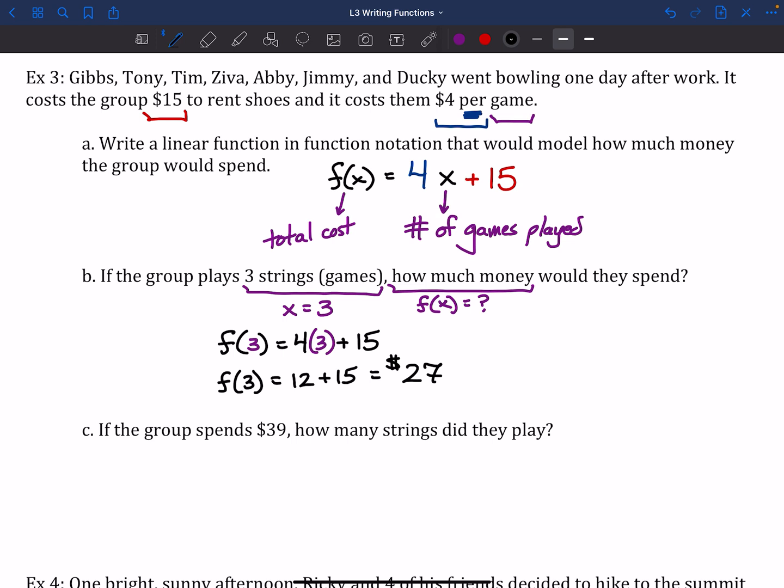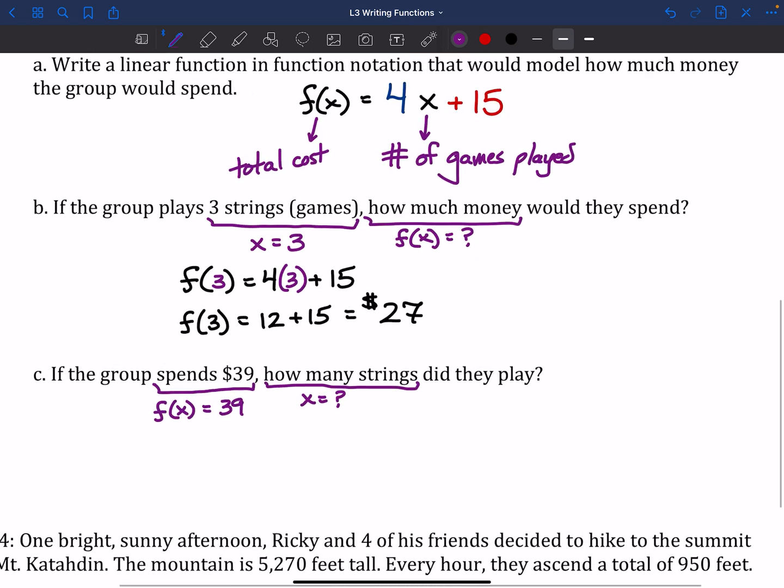Last but not least, if the group spends $39, how many games did they play? So they spent $39. That's telling me that my f of x is equal to $39. We don't know how many games they played, so at this time I don't know what x is. We can start this off the same way.